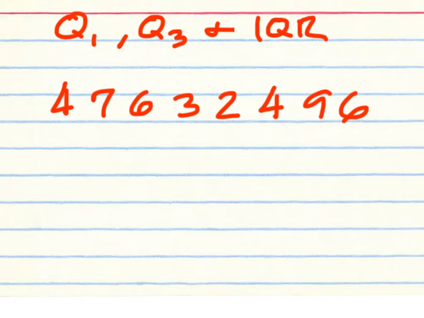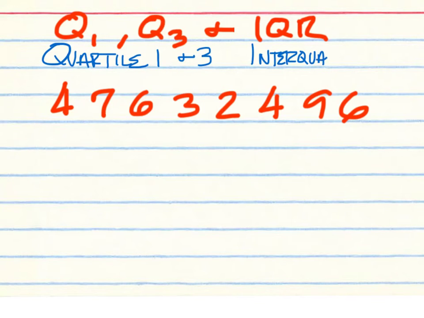We have to find Q1, Q3, and IQR. That stands for quartile 1, quartile 3, and IQR stands for interquartile range.